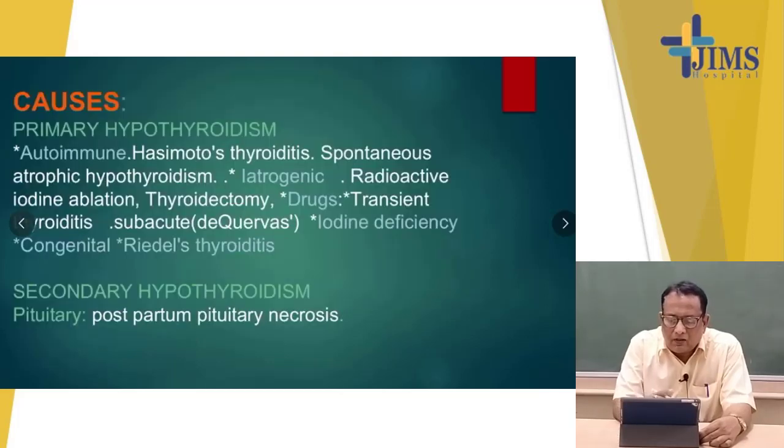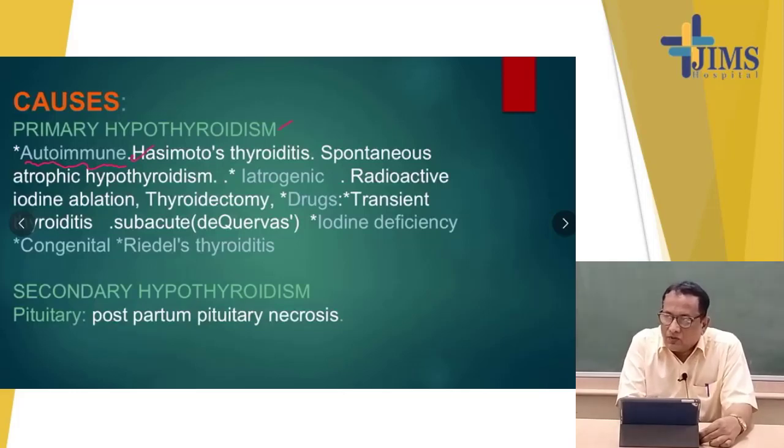Now, what are the causes of hypothyroidism? I have already mentioned the most important cause is autoimmune destruction of the thyroid gland, resulting in deficient thyroid hormones, of which the most important is Hashimoto's thyroiditis.